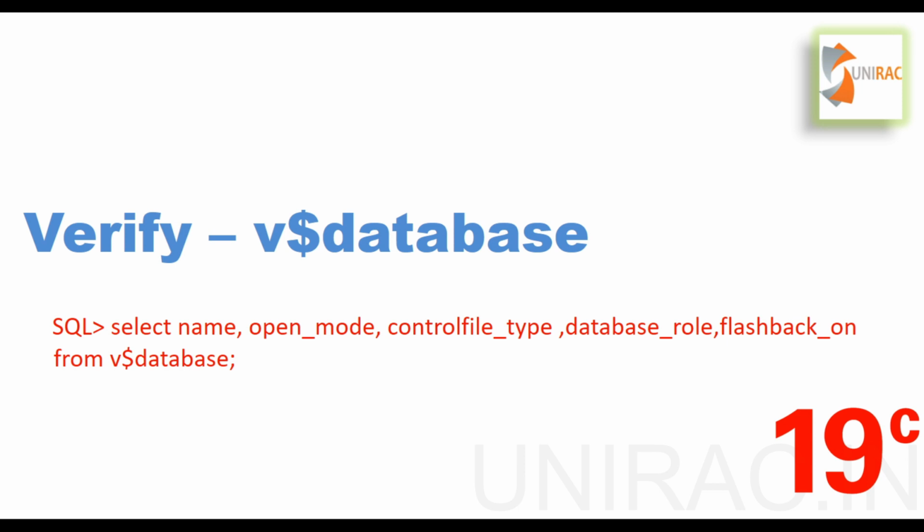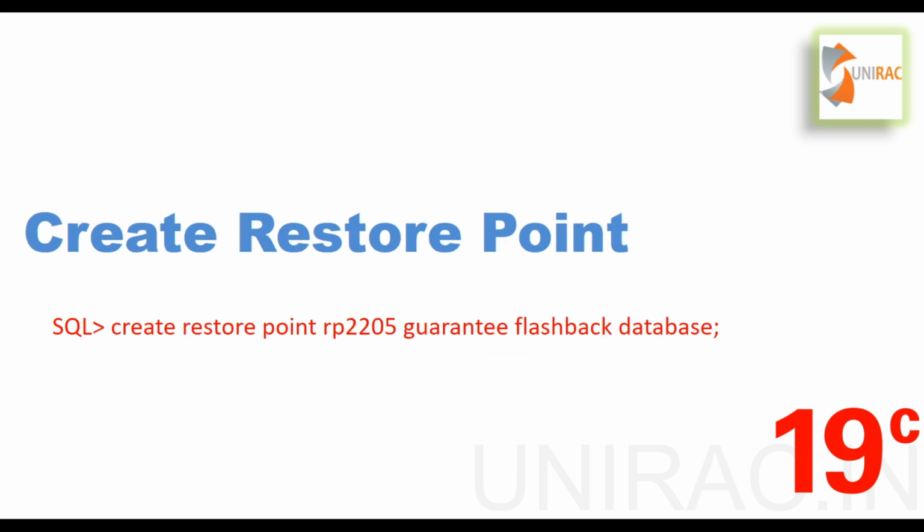Once we enable it, we can verify from v$database the name of your database, the status of flashback, and the primary database role. We can also create a restore point, same as in Windows where we create restore points. In case you are going to make bulk changes in your database, let's have a restore point, which is like a savepoint. We can roll back to that point based on the name you have created, which is guaranteed.